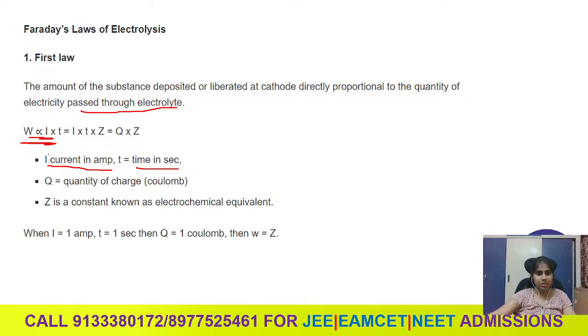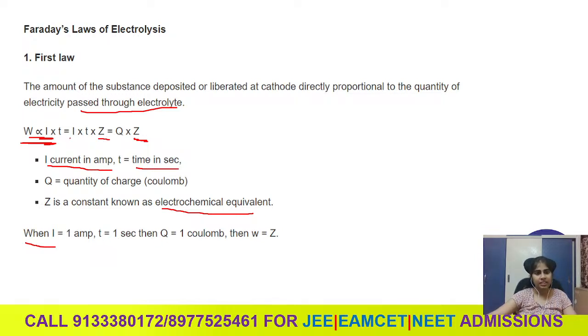To remove this proportionality, we add a constant, Z. Z is a constant known as the electrochemical equivalent, and I into T is denoted by Q, the charge produced when the current passed is 1 ampere and the time taken is 1 second.